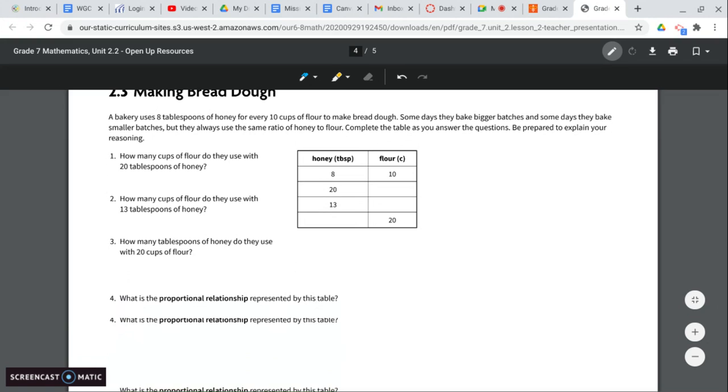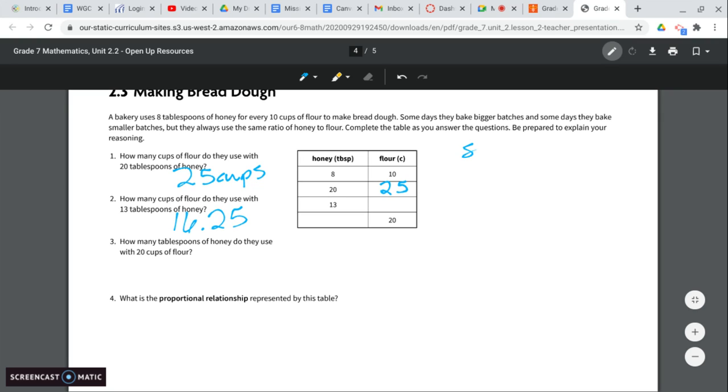So if we take 8 and divide it by 10, we get 8 tenths. 20 divided by 8 tenths is going to give us 25. So 25 cups of flour. How many cups of flour do they use with 13 tablespoons? Same idea. 13 divided by 0.8 is going to give us 16.25. So all I did was take 8 and divide it by 10 to get 0.8.